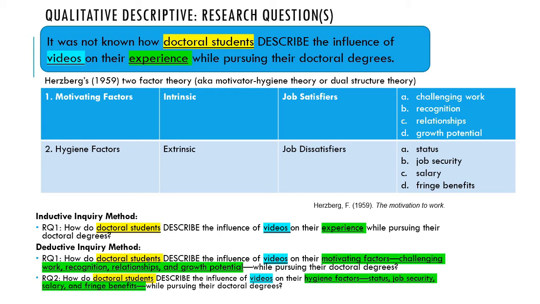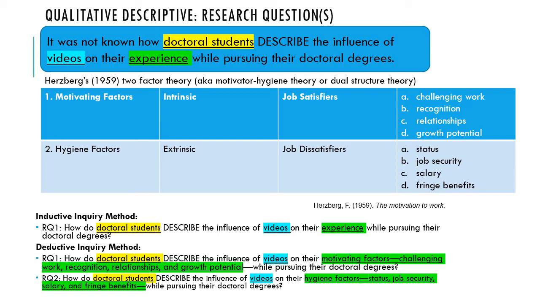But if you were to take more of a deductive approach and have the theoretical framework flow into the problem or into the research questions, then you would see the deductive method I have down there. And in this case, we're just, for argument's sake, using Herzberg's two-factor theory. And the two-factor theory in this case would deconstruct into two research questions.